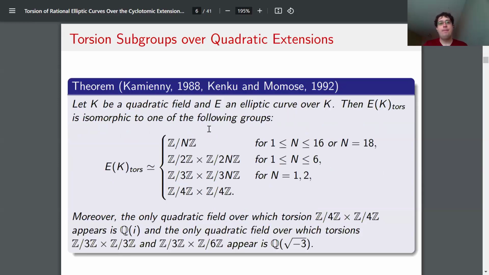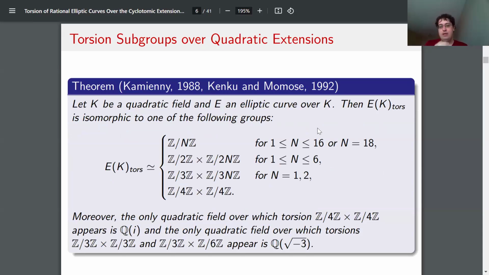So let's check them. One generalization of his result is due to Kamienny, Kenku, and Momose. If K is a quadratic field and E is defined over K, then the torsion of E(K) is isomorphic to one of the following groups here.